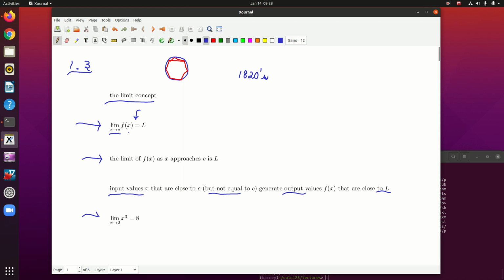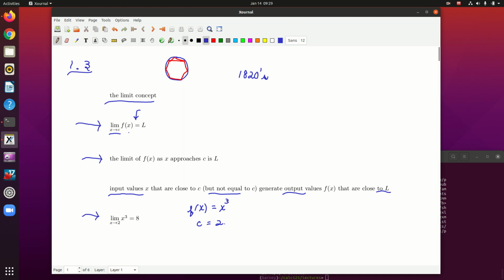So down here we're saying that for the function f of x equals x cubed, the value of c is 2, that's the specific number. And we're saying that if x is close to 2, x cubed is close to 8.